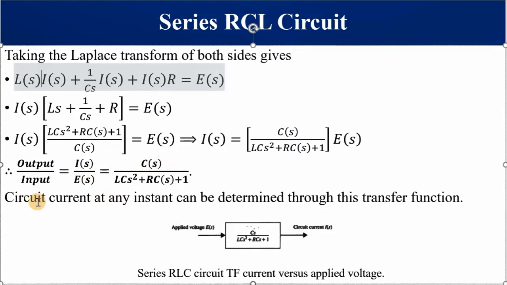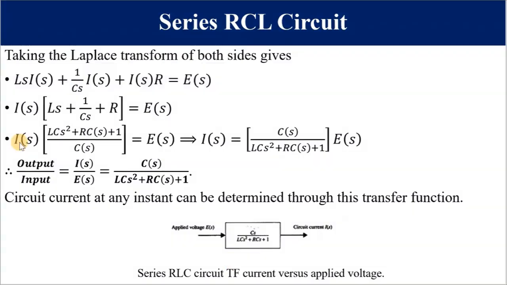So we are saying circuit current at any instant of time can be determined through this transfer function in an RLC circuit, and this is how you represent it in control engineering. Our output current divided by the input voltage gives us the transfer function. This means that this multiplied by this gives us this.